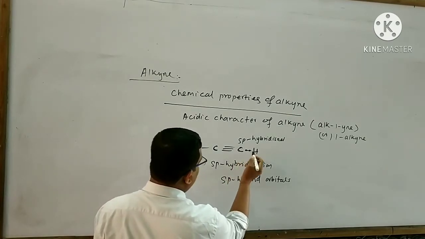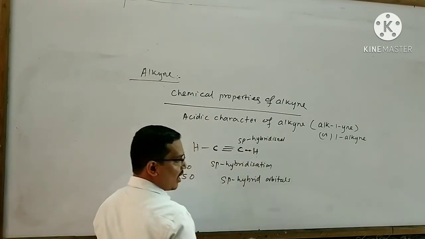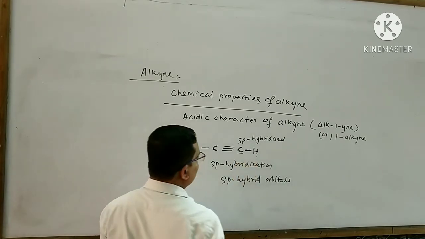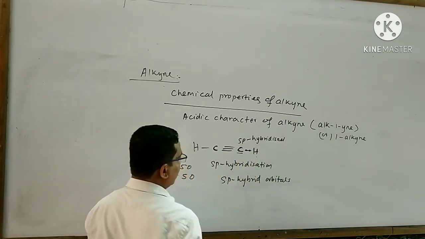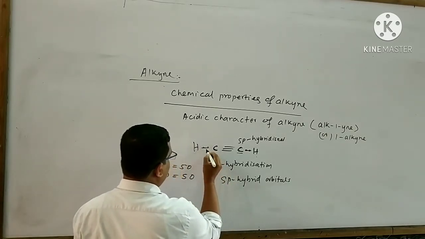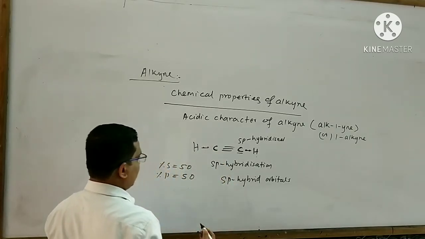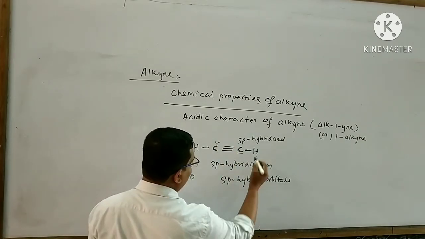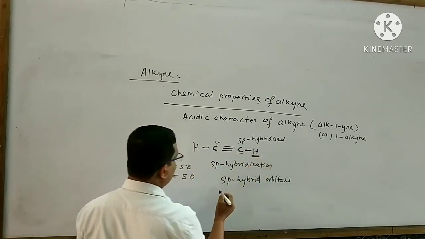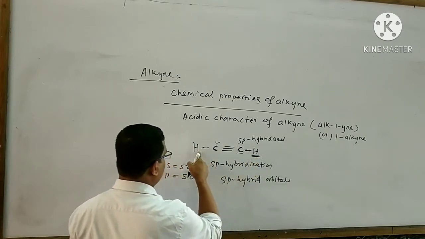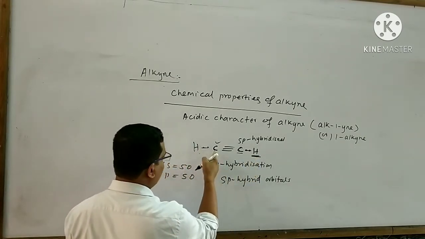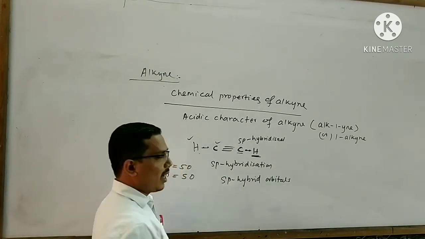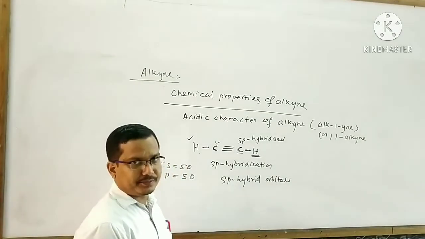As a result, the shared electron pairs are more attracted by this sp hybrid carbon atom. Here also this electron pair is more attracted by this carbon atom, which causes the release of H plus ion from this position, and the release of H plus ion from this carbon atom is very easy as compared to alkene and alkane.